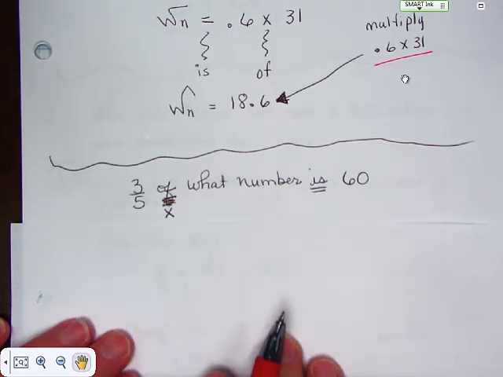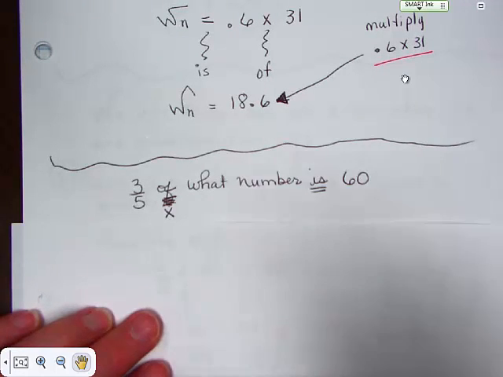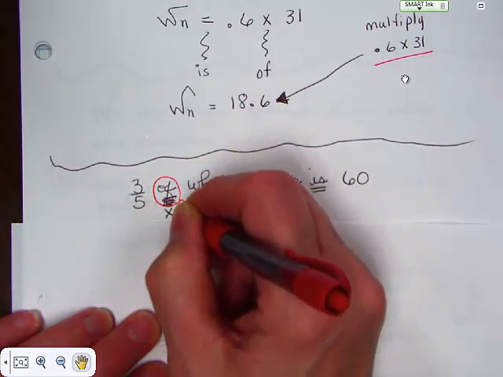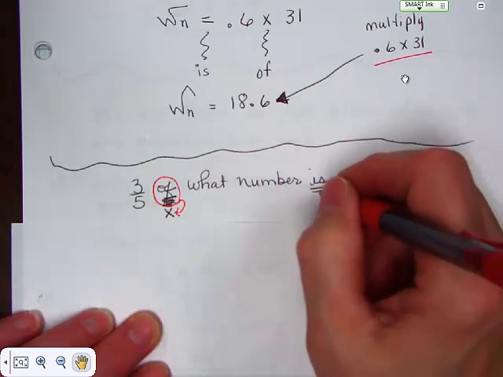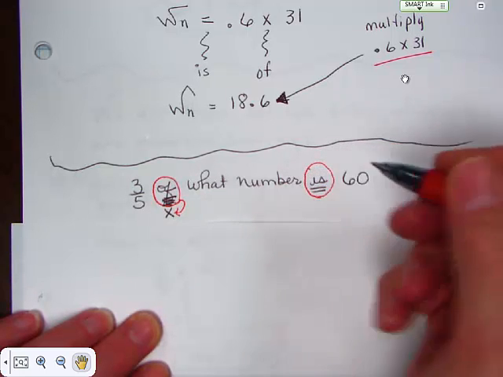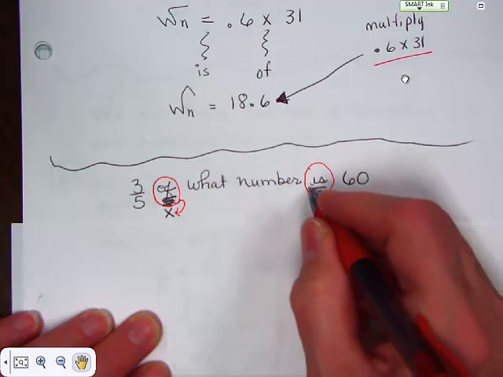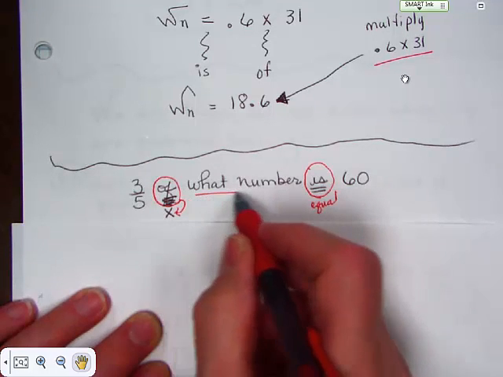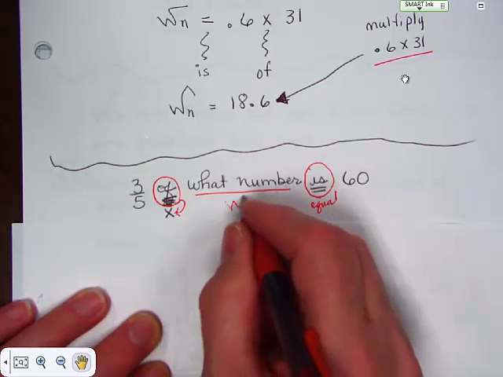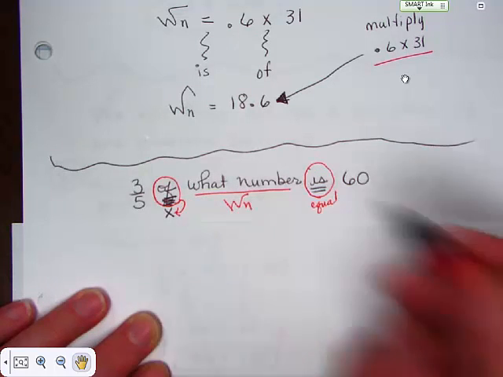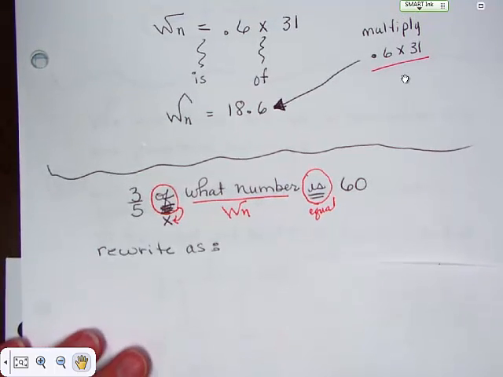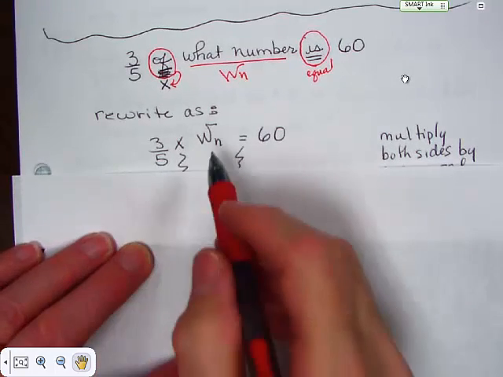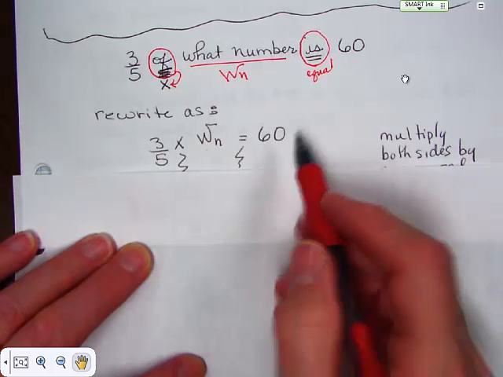3/5 of what number is 60? Again, we have that little word "of," which means to multiply, and we have this little word here, "is," which means equal. And here's our missing number, so that's our WN. So let's look at it rewritten as 3/5 times what number equals 60.